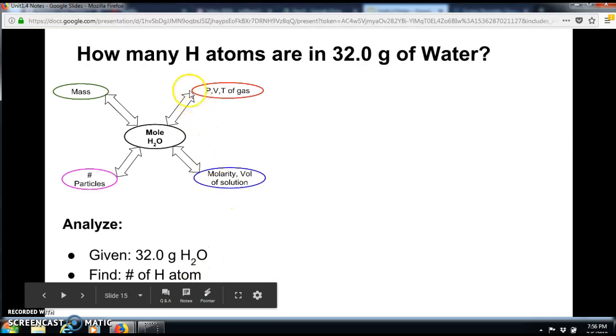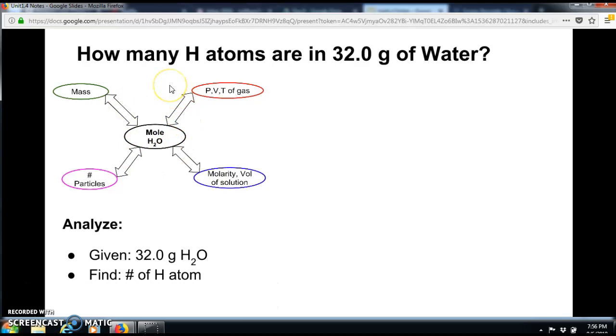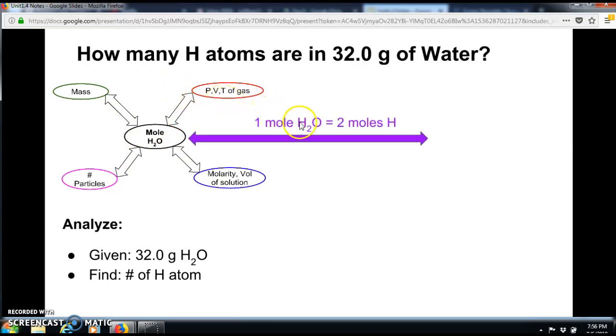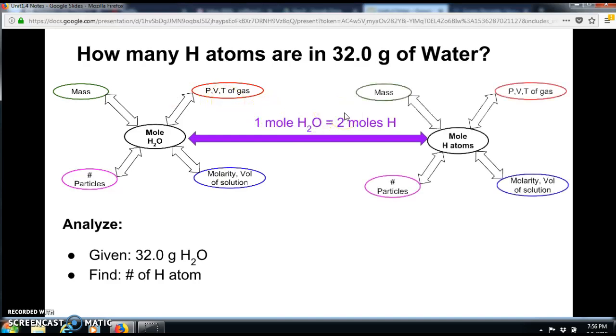So let's start here at the mole map of water, and then we're going to use the conversion factor, which comes from our molar ratios, to get to the mole map of hydrogen atoms. So we're starting here, 32 grams of water. This is the water mole map. And then we can use the right equation to go from mass of water to moles of water. Once we have the moles of water, we can use the molar ratio.